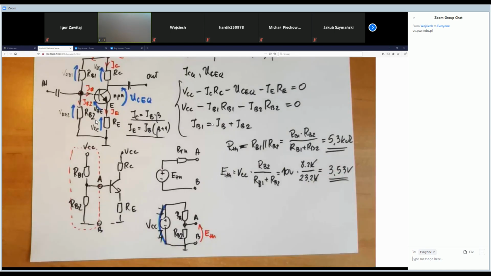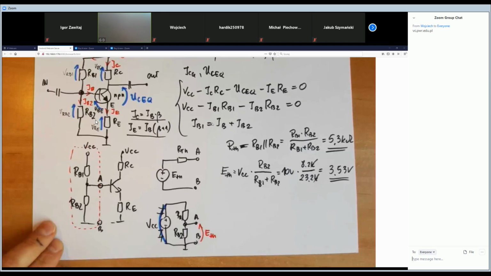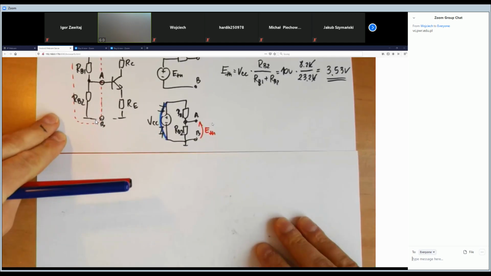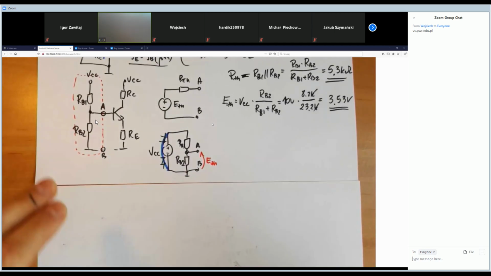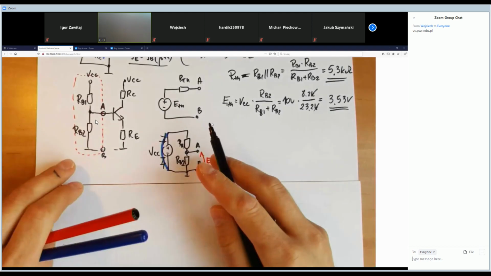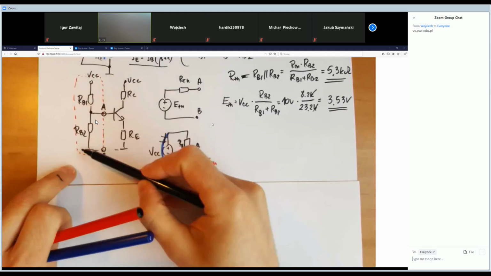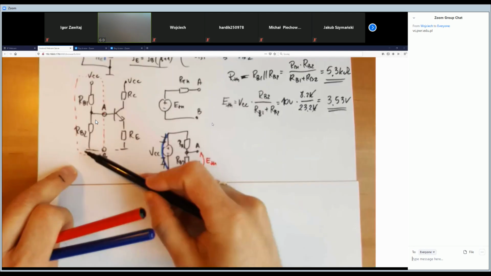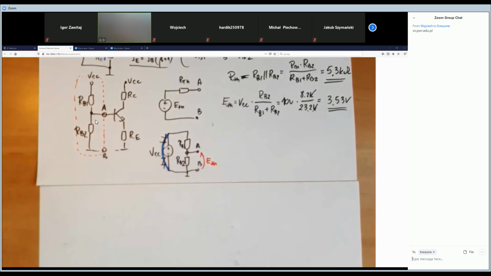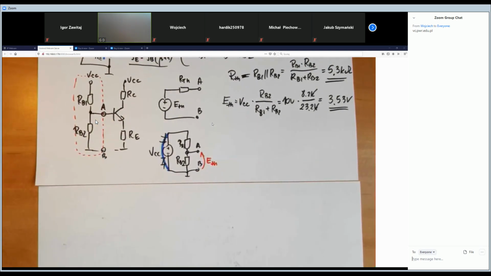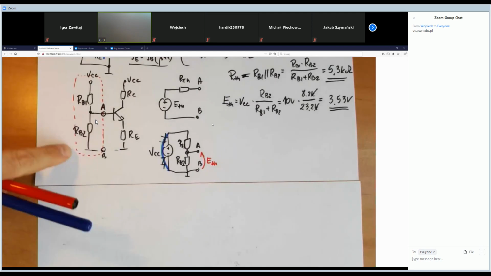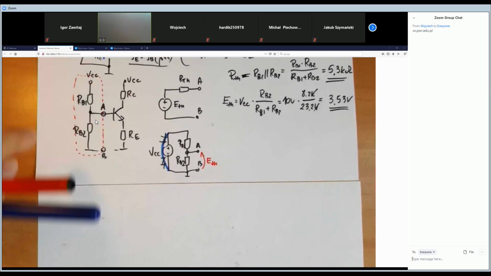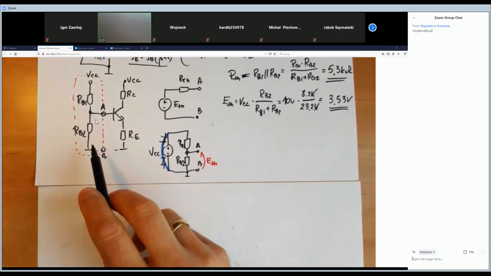All right. So at this moment we've got the equivalent circuit, which is indicated by the red dot area.